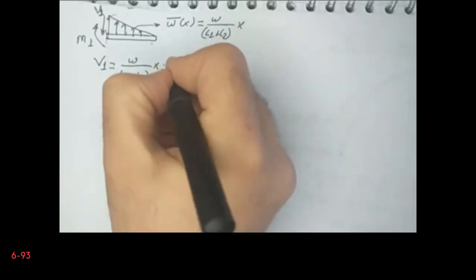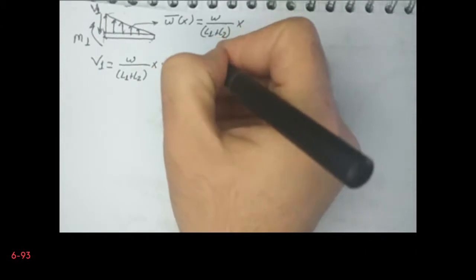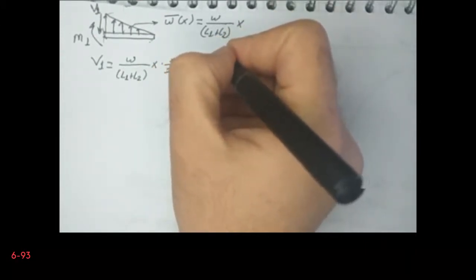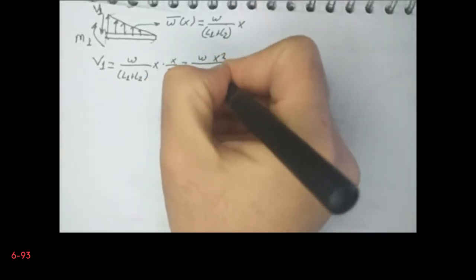So the height divided by 2, it's the area under the triangle, or in other words we can easily write it like this. It is W X squared divided by 2 times L1 plus L2.